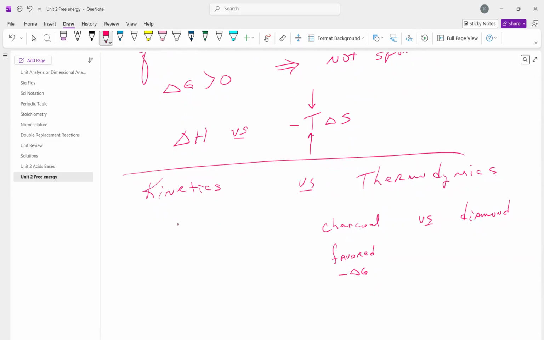The more negative, the more spontaneous, the more spontaneity is favored. But you've got to jack the temperature up really high. So when does that occur? Can you give an example of when that would occur? That's how they make industrial diamonds.